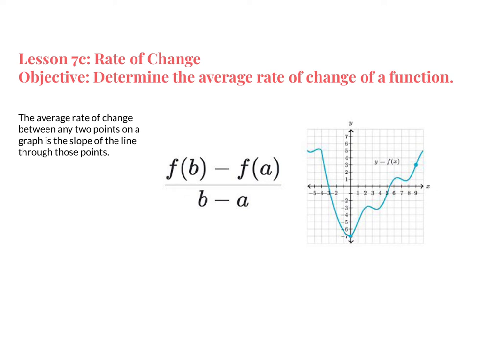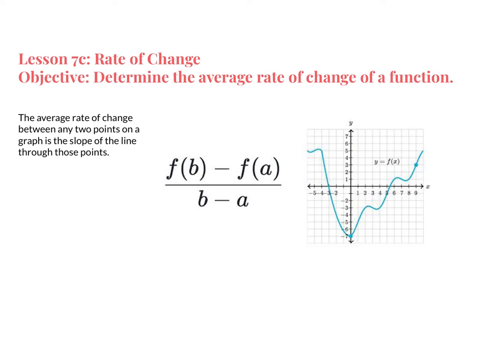Rate of change. So the objective of this video is to determine the average rate of change of a function. Normally this is known as our slope, and when we have a nice straight line or linear function, we can just use the equation given to us to identify the slope.